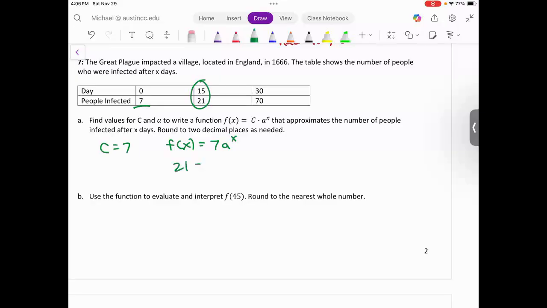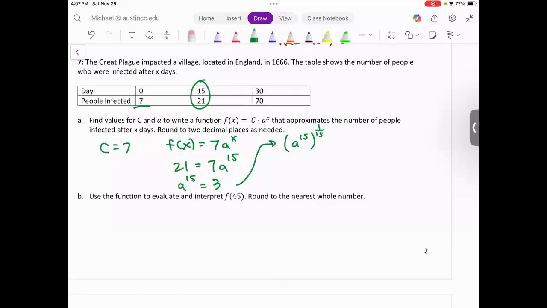So our f of x here is going to be 21, so 21 equals 7a to the 15th. If we divide each side by 7, we get a to the 15th equals 3. Now, there's two ways to do this. We can either take the 15th root of each side or raise each side to the 1 over 15th power. If we have a to the 15th, raising that to the 1 over 15th will get rid of those exponents.